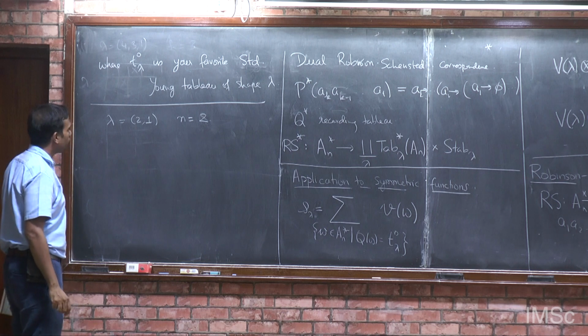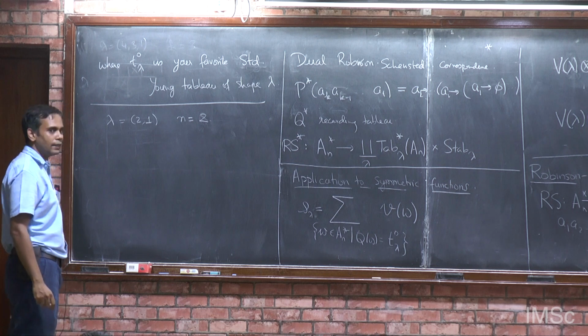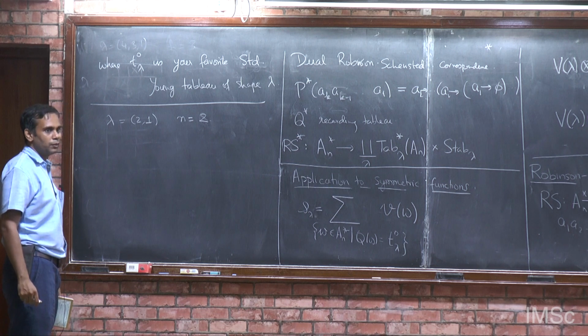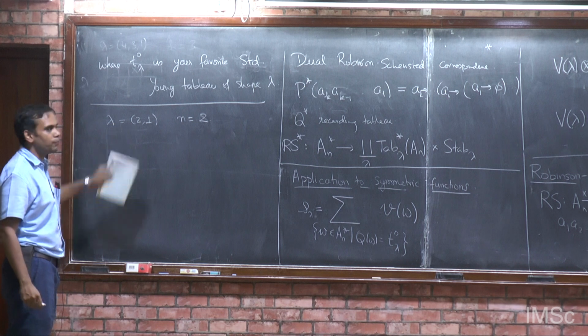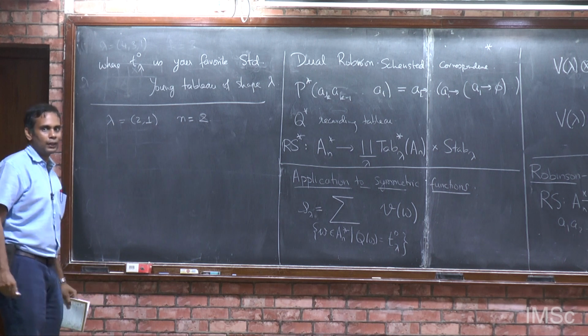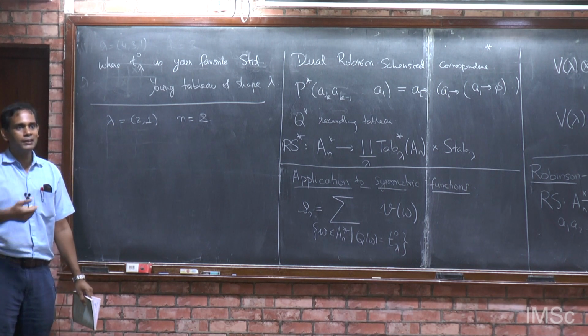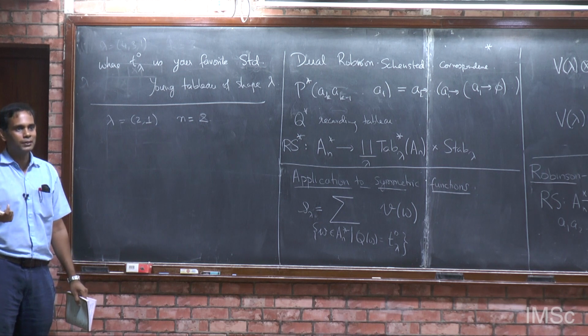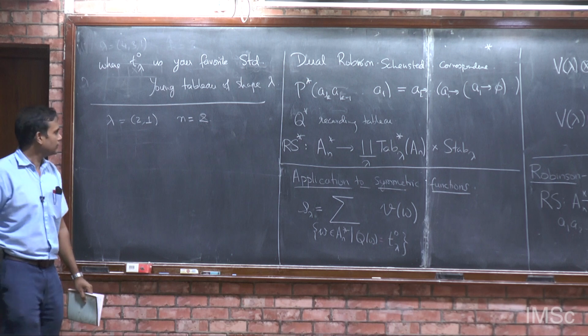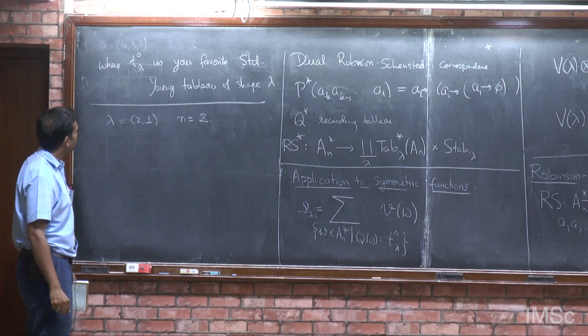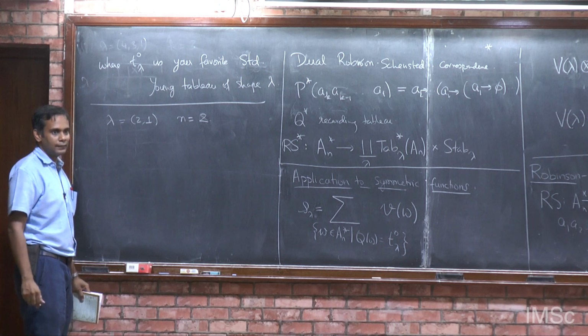Okay, so how many words now? I will have words of length 3. So I will have 8 possible words, but I want the shape to be 2 1. Obviously, those words cannot be rows or columns, but other words should probably give shape 2 1. So let us look at all the words of length 3 in 2 letters.